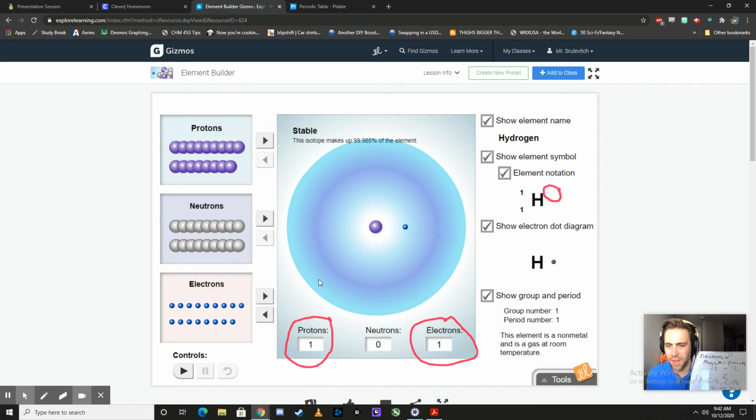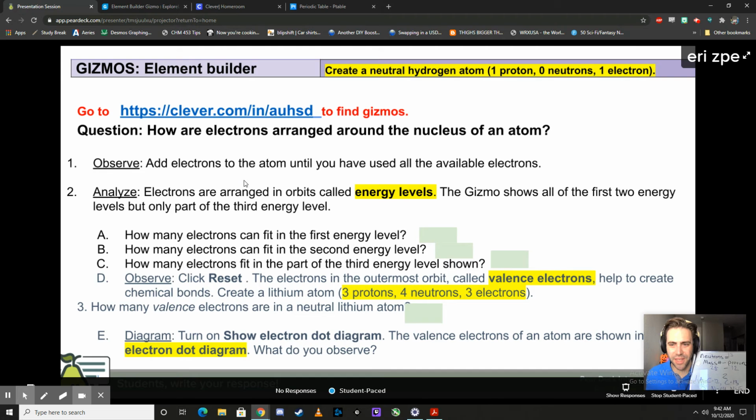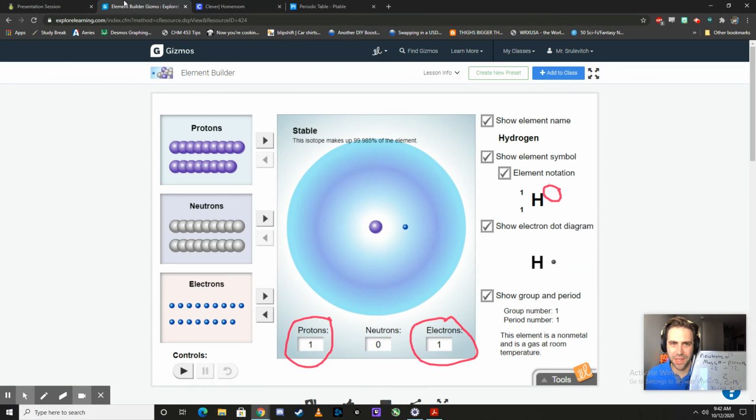See that plus 1 disappeared because it's neutral. Okay? Now they want us to add electrons to the atom until you have used all the available electrons. So just keep pressing this until you use all the electrons. All right, look at that. Crazy pattern.